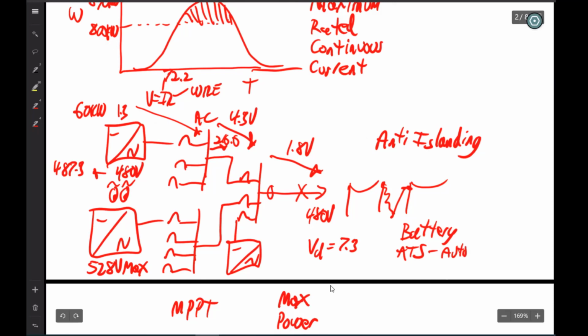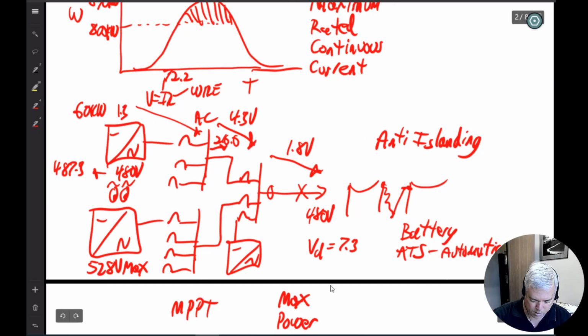But a standard off-the-shelf inverter has no capability of producing a sine wave on its own. It is simply watching the grid and matching it.